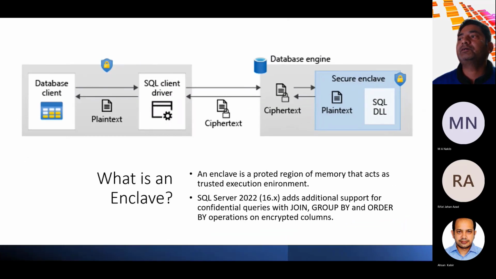So we have a term called enclave. How it works is an interesting point. We have a database, a SQL client driver, and ciphertext, and this is the database engine. The enclave is a reserved area in memory where SQL Server, with the help of the SQL client driver, does the operation.